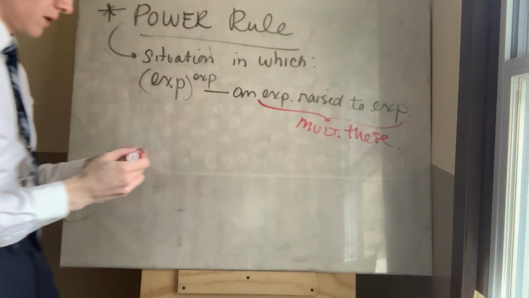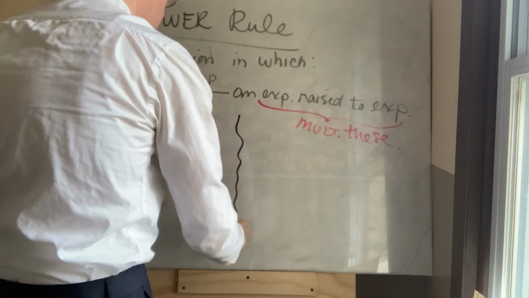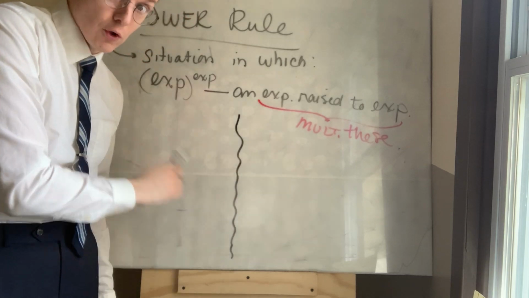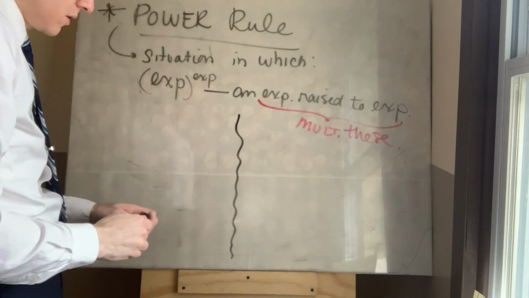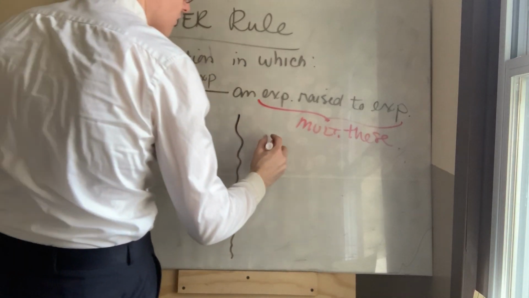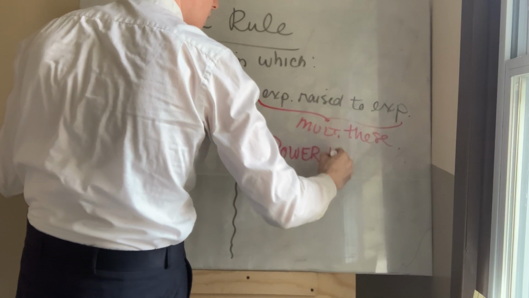Alright, I'm going to draw the power rule immediately next to the product rule because I don't want you to confuse them. Here is the power rule as an example.